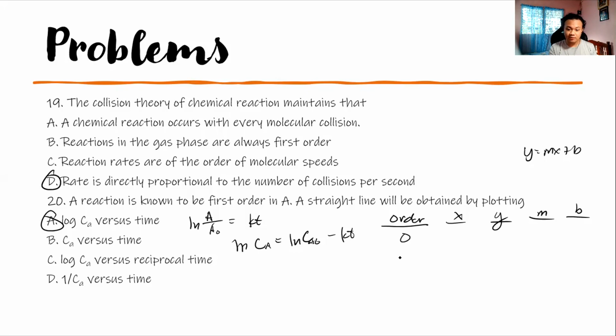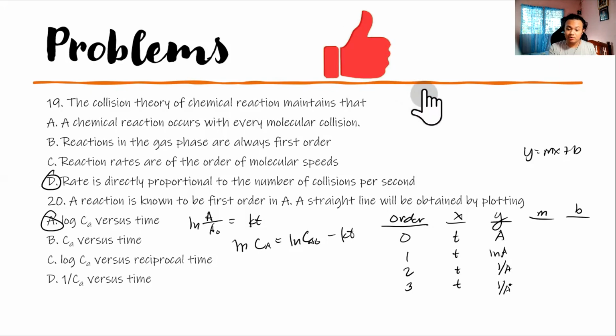So for order, we have 0, 1, 2, 3 here. What you have to put in the X value is the t. For all, put t. And then for Y, these are now different: in the zero order you have A. For the first order you have ln A. For second order you have 1 over A. And then for third order you have 1 over A squared.